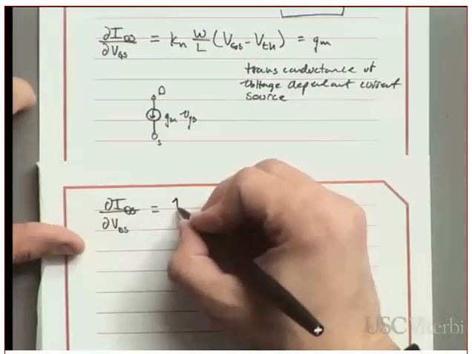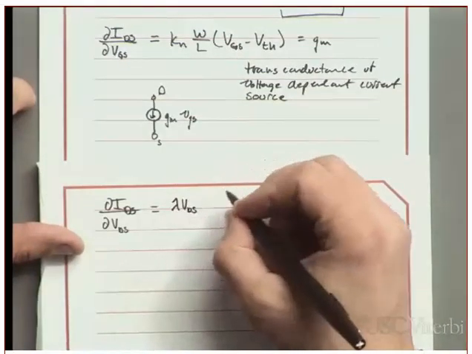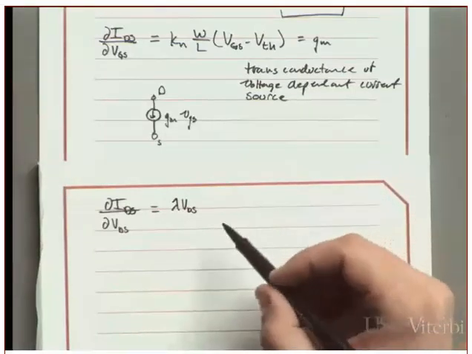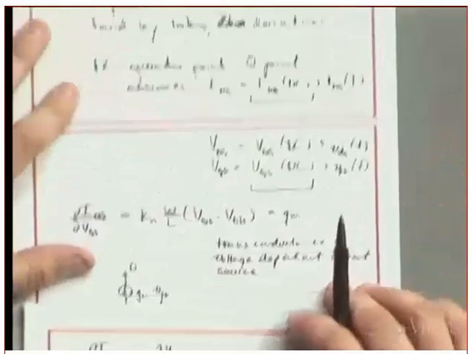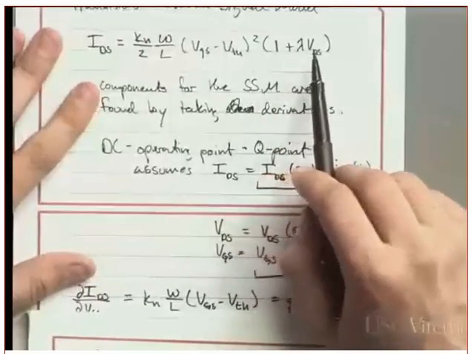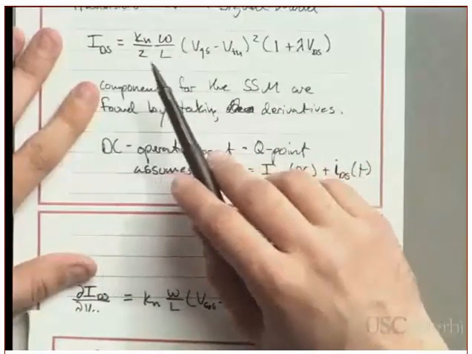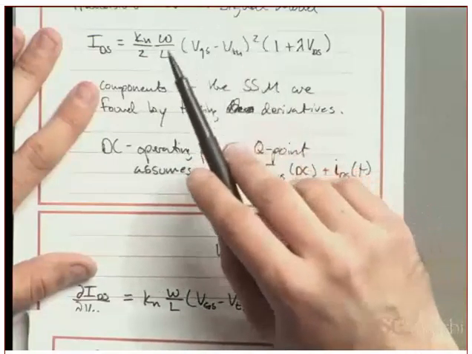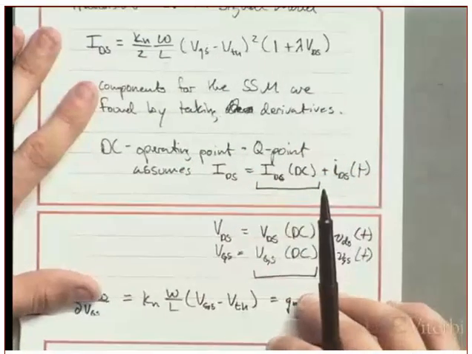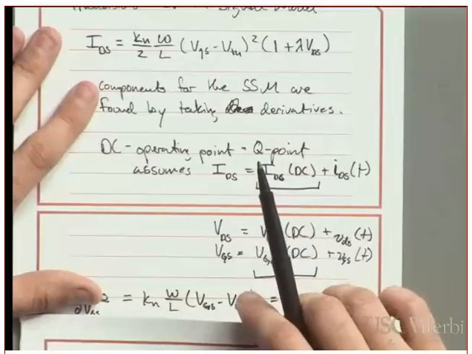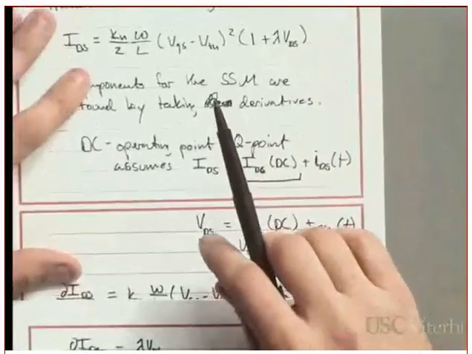I think I wrote this down, but I think this is actually not quite right. So it's lambda times VDS, but actually if I look at this, it should be lambda VDS times all of this stuff, right? I believe. So all of that has an effect on what this value is going to be.